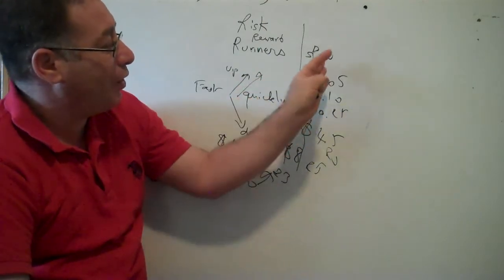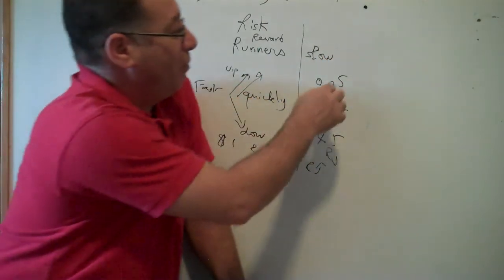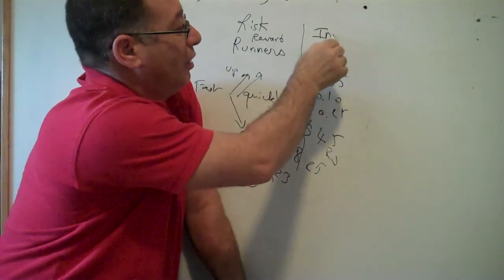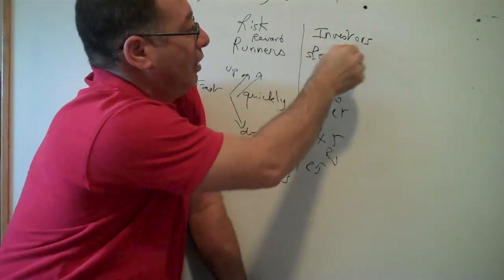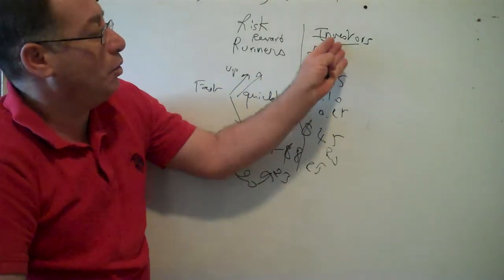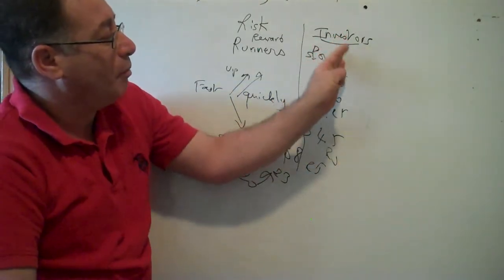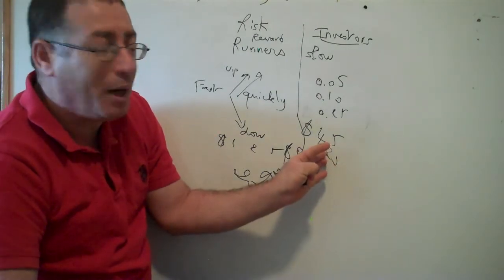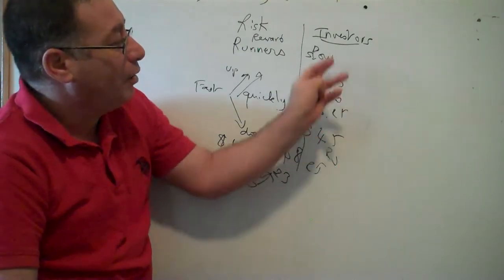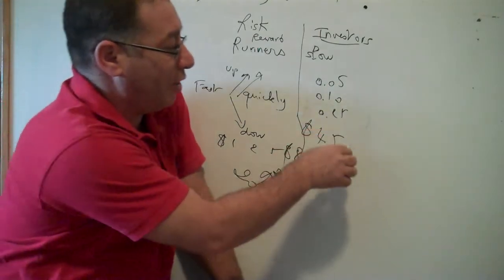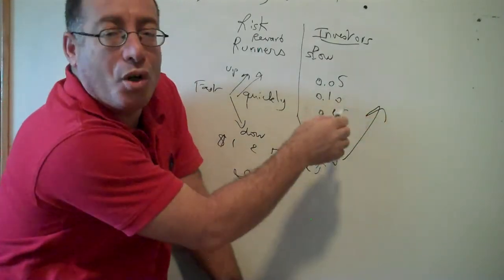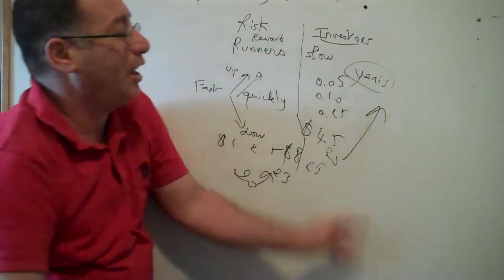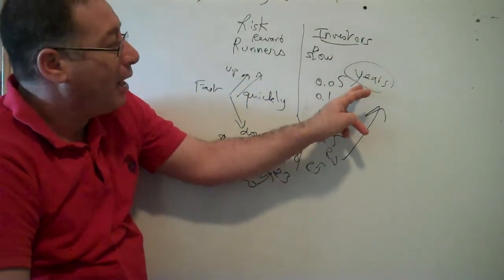Now the slow ones, most of the people who use these are the investors. Investors use these stocks because they don't care about how much they move. What they care about is the stock going up through years of investing. So they think about years.